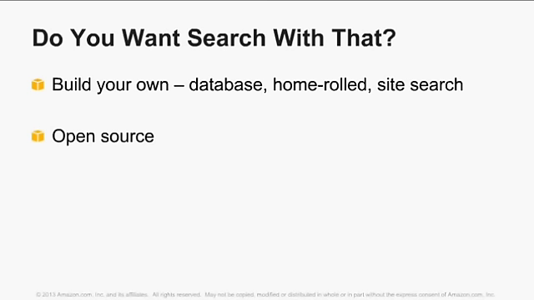Apart from that, there are several open source alternatives out there that would allow you to deploy that software onto hardware, manage it, and build search based on your corpus. And finally, there are some legacy solutions that would provide highly tailored, customized search for your application.